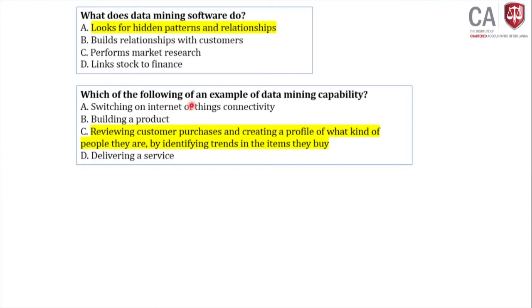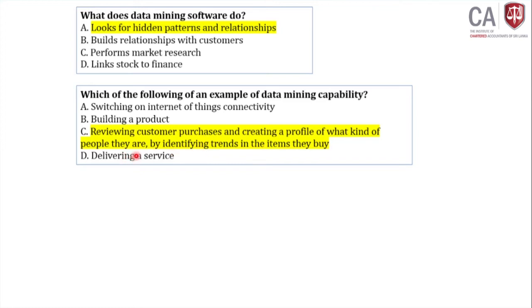Which of the following is an example of data mining capability? Data mining capability: reviewing customer purchases and creating a profile of what kind of people they are by identifying trends in the items they buy. When they buy some product, they identify what kind of people they are.